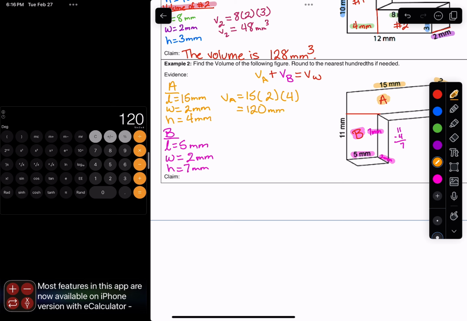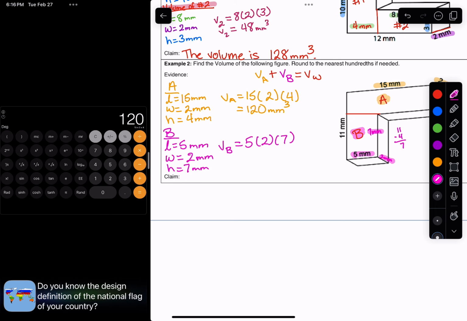This is millimeters cubed. And the volume for B is going to be 5 times 2 times 7. So 5 times 2 times 7. That is equal to 70 millimeters cubed.